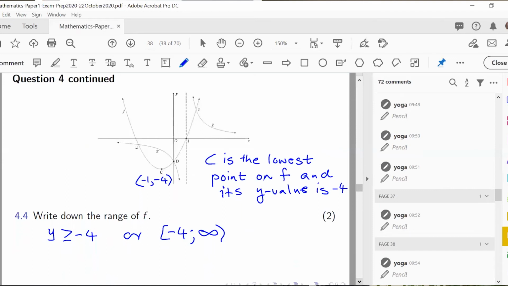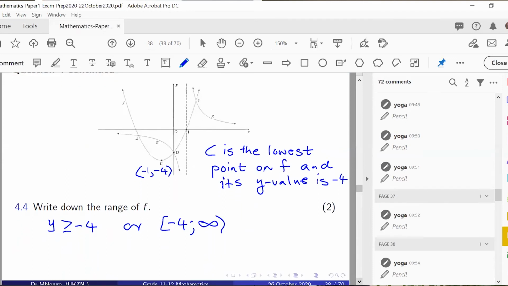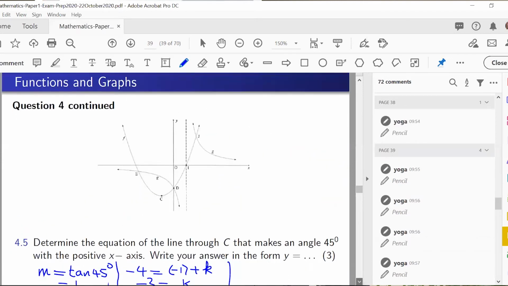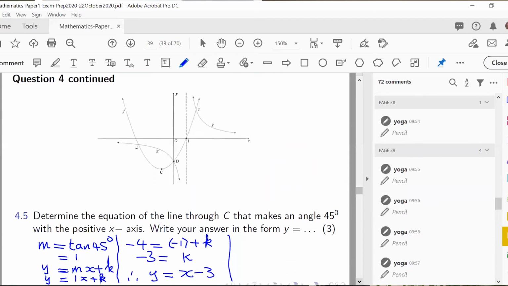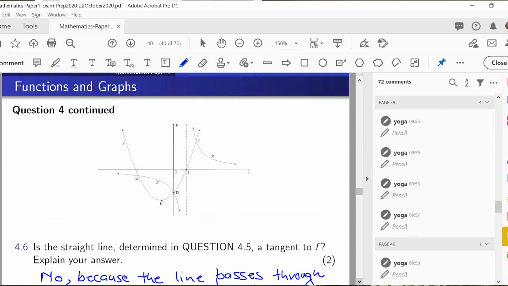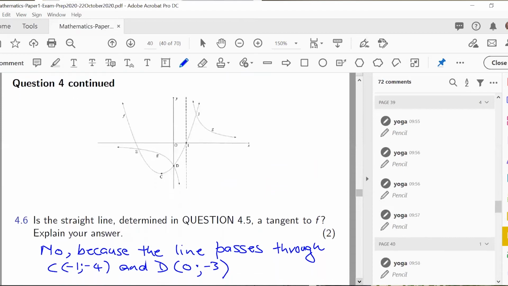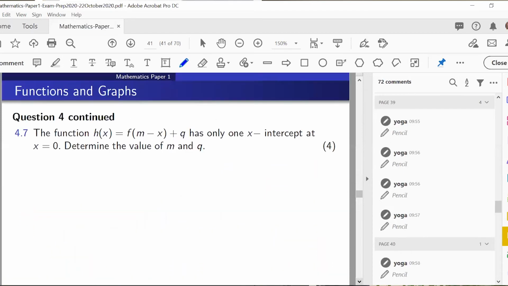We wrote down the range of f. We did all these questions. Now that is the only question that we couldn't do in our last session.